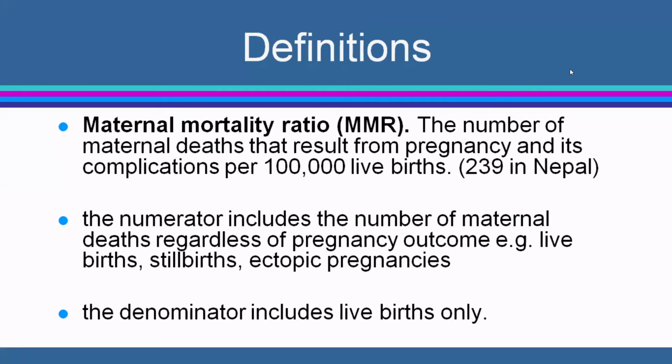The numerator includes the number of maternal deaths regardless of pregnancy outcome. So it includes whether the mother had a live birth, stillbirth, ectopic pregnancy or abortion. All these things come under maternal death. And the denominator includes live births only.